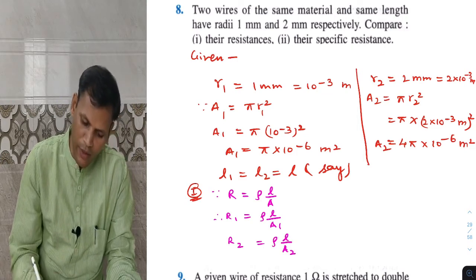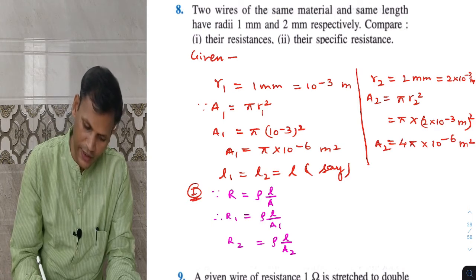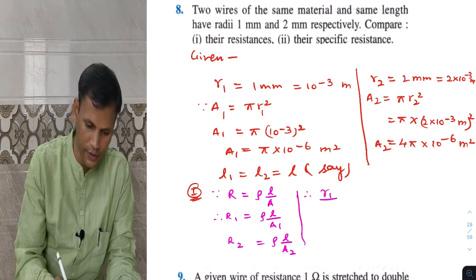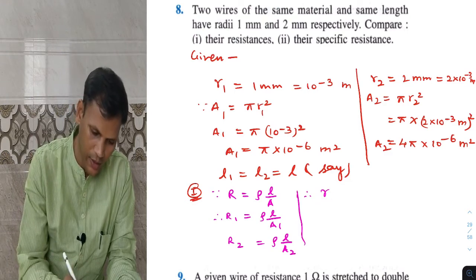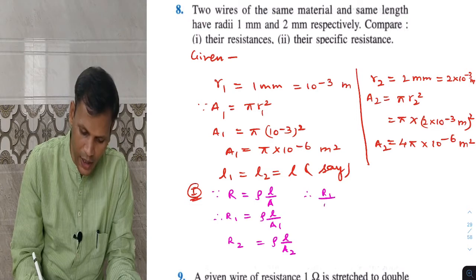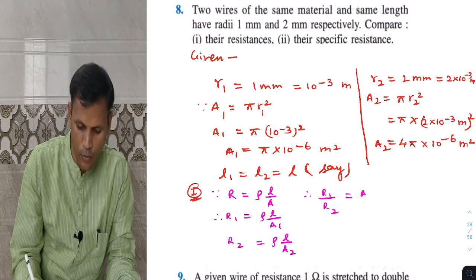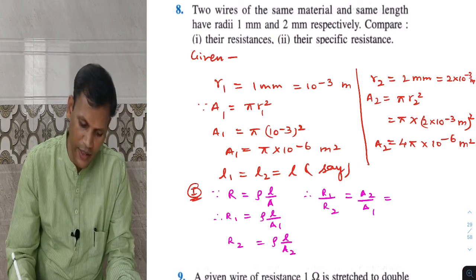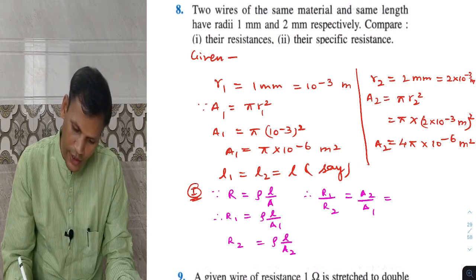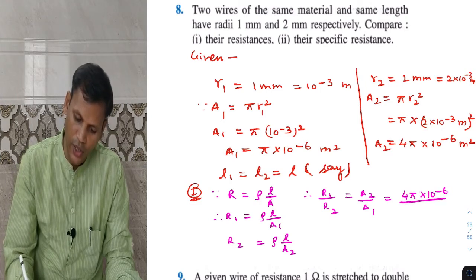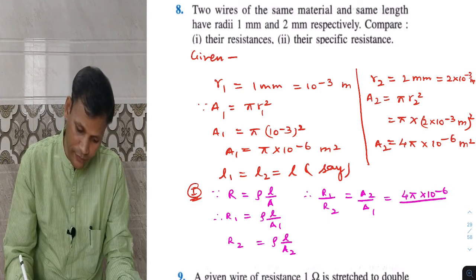So R1 by R2, capital R, resistance we have to find out. Therefore R1 by R2 will be A2 by A1, and A2 and A1 we already have. A2 is 4 pi into 10 raised to minus 6 upon A1 is pi into 10 raised to minus 6.